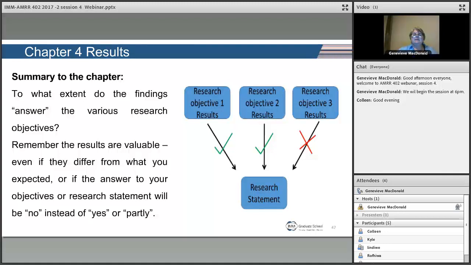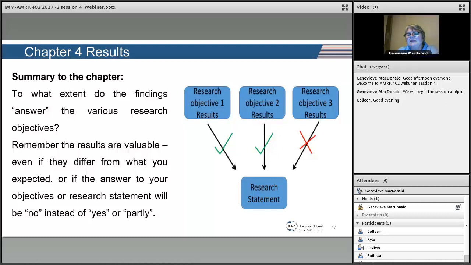Okay, at the end of the discussion per objectives, you will have a summary of the chapter. To what extent do the findings answer your various research objectives? Remember that your results are valuable even if they differ from what you expected, or if the answer to your objectives will be no instead of yes, or maybe in part.